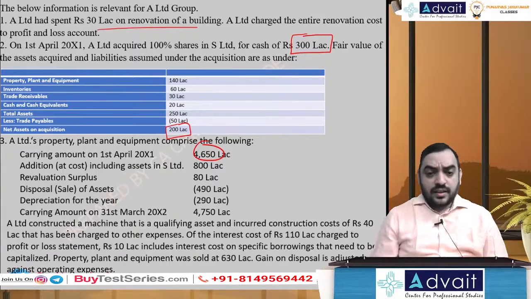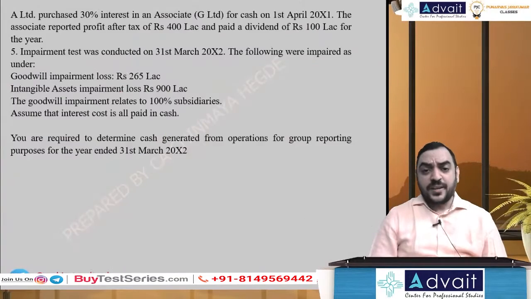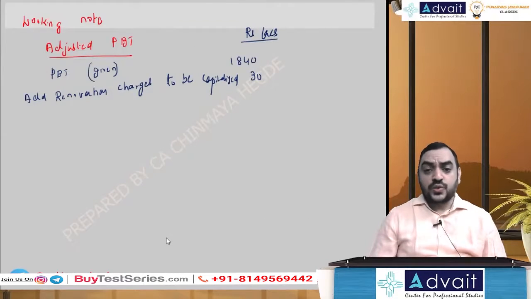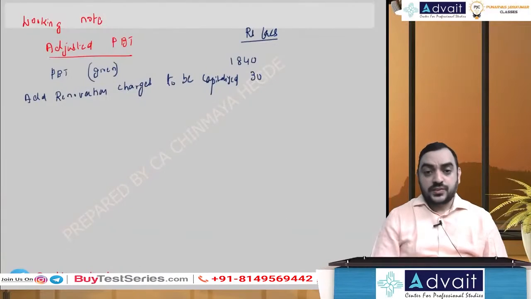A Limited constructed a machine, a qualifying asset, and incurred construction cost of 40 lakhs charged to other expenses. That is also a mistake. That also needs to be rectified. Therefore, we'll add that back also. Construction expenses, construction of machinery, right? Machinery construction expenses charged to other expenses.